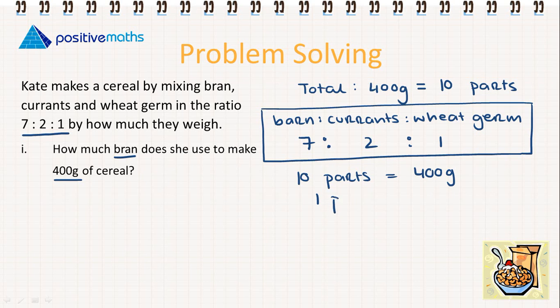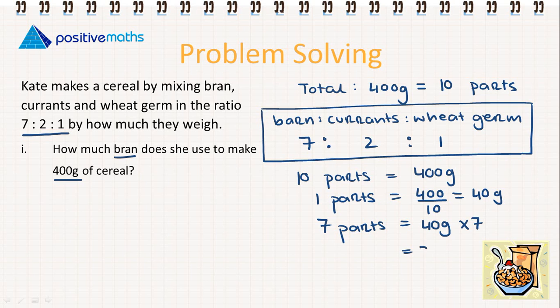We always find 1 part first before we find the required number. So 1 part is going to be 400 divided by 10, which will give us 40 grams. So then we can find our 7 parts is equal to 40 grams multiplied by 7. So she will need 280 grams of bran in order to make 400 grams of cereal.